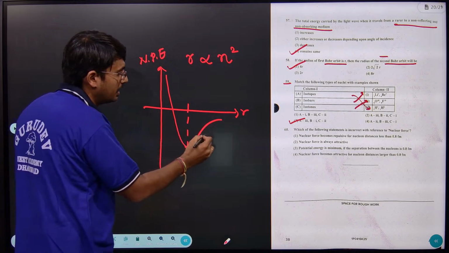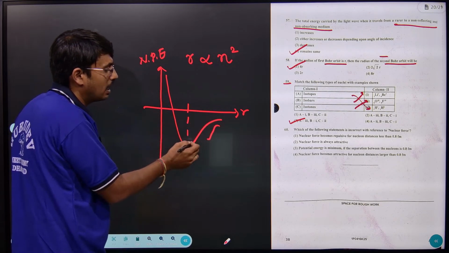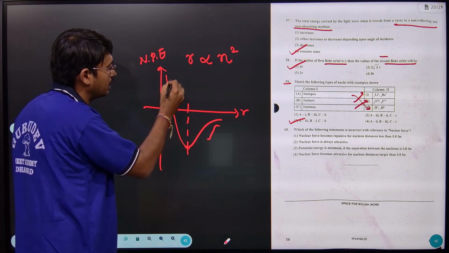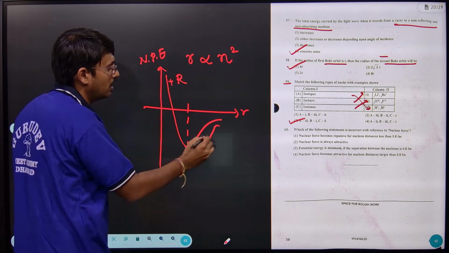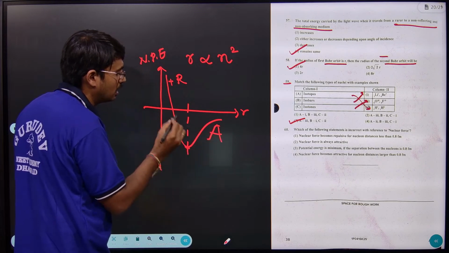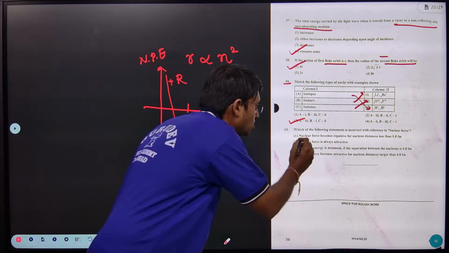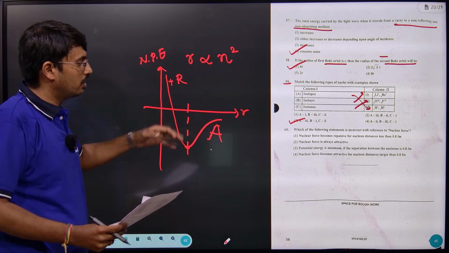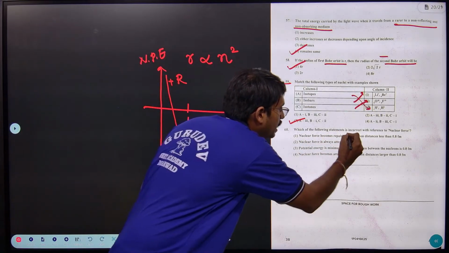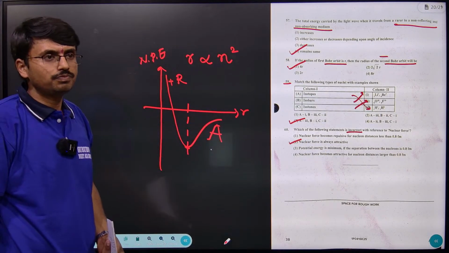In this range it becomes attractive, and whenever the nuclear potential energy becomes positive, it becomes repulsive. So force can become attractive and repulsive. Which one is the incorrect one? The incorrect one is that the nuclear force is always attractive.